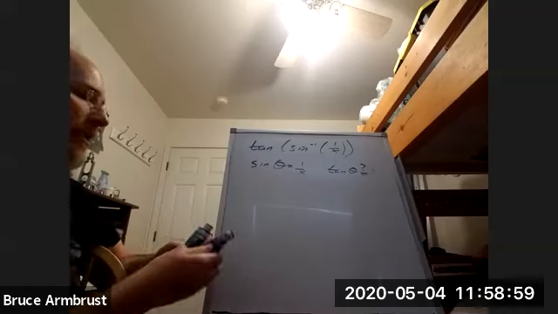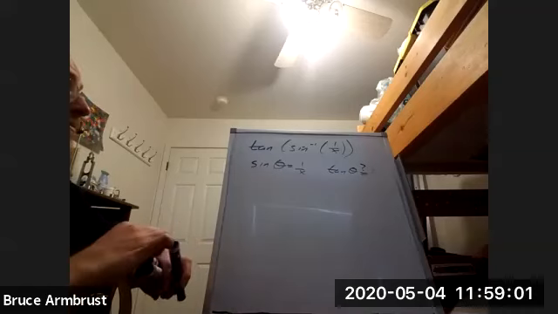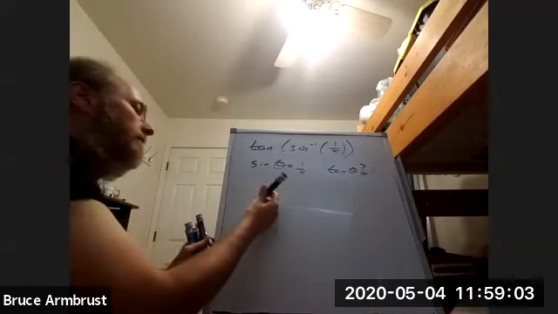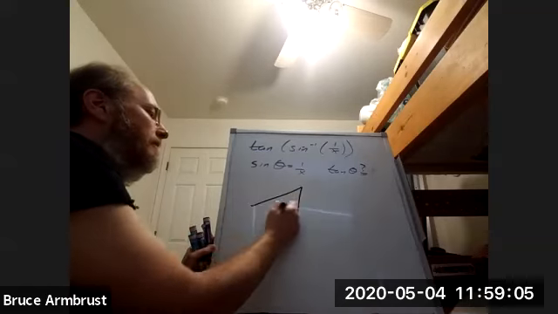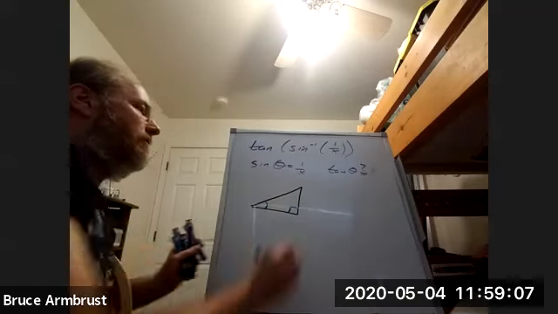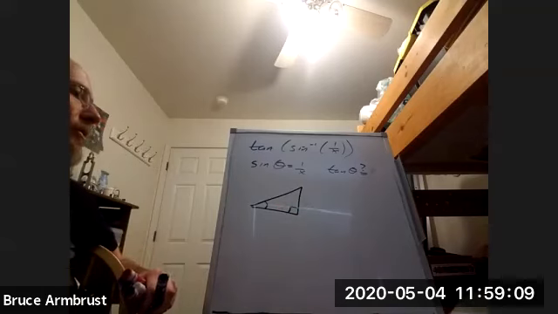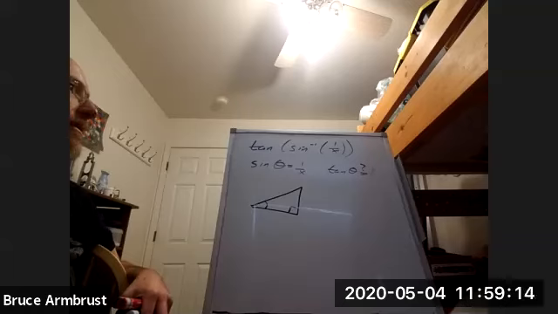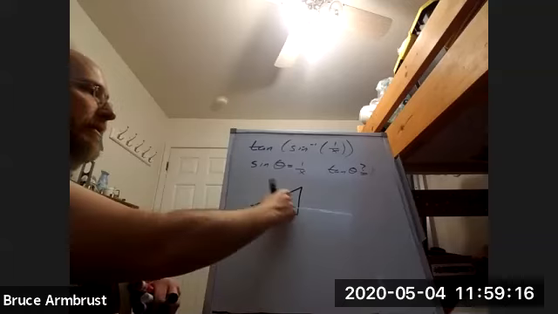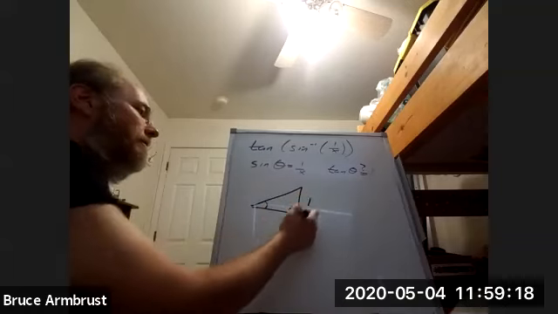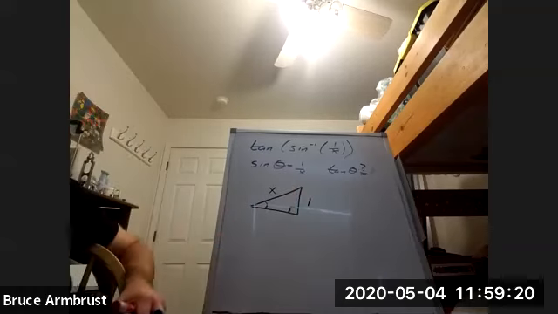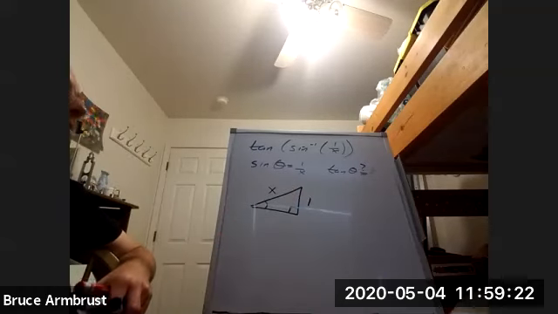All right, so here's our generic triangle. We know that the sine of this angle is equal to 1 over x. So what I'm going to do is I'm just going to go with the ratio of the sides. Sine is opposite over hypotenuse, so I'll make my opposite side 1 and my hypotenuse x.